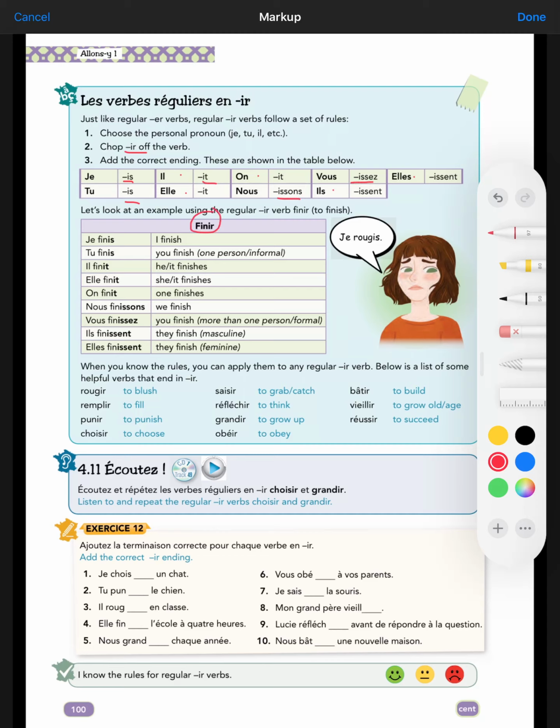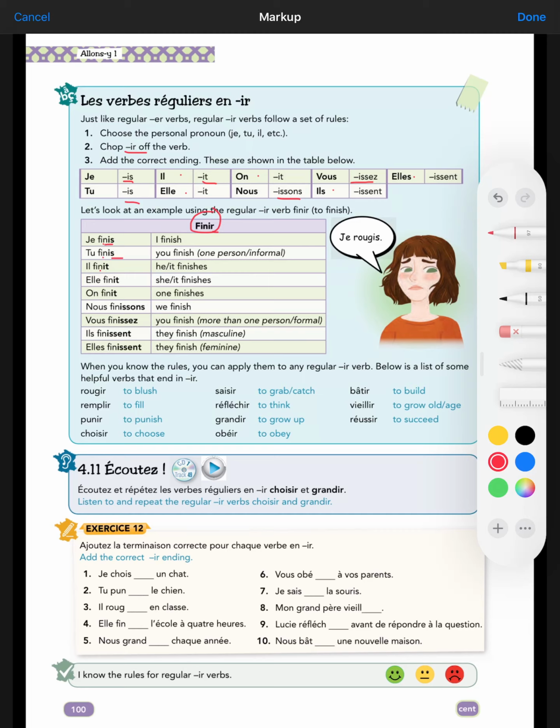So we'll have a look at just finir, done as an example. Again, you follow the steps, take off the ending, which would be the IR part. What's left over, in this case fin, is the stem, and you'll see that written down throughout the verb. Then you apply the endings. For je, you have the ending is.